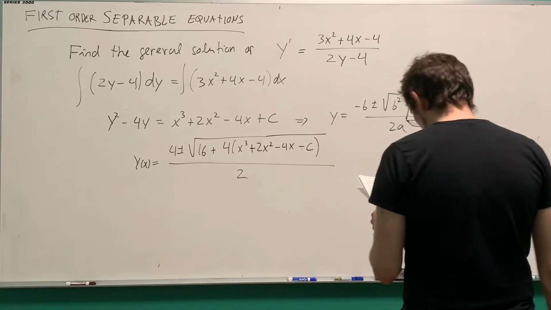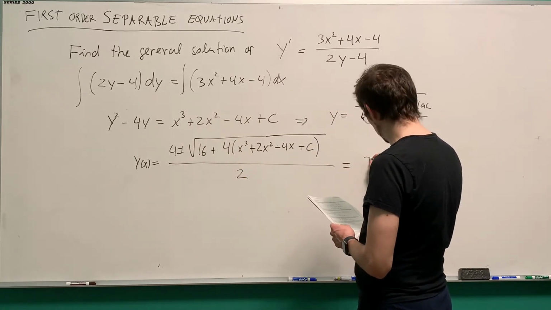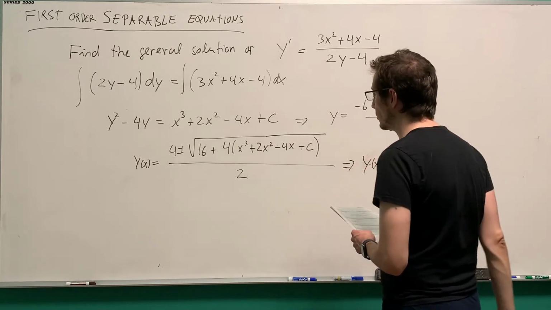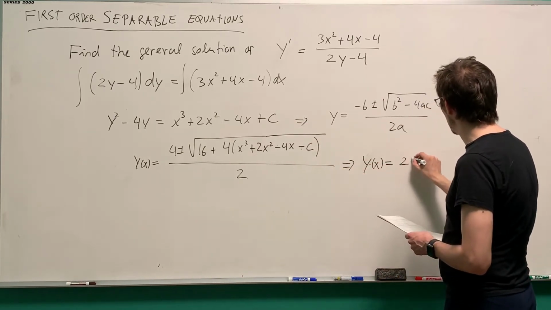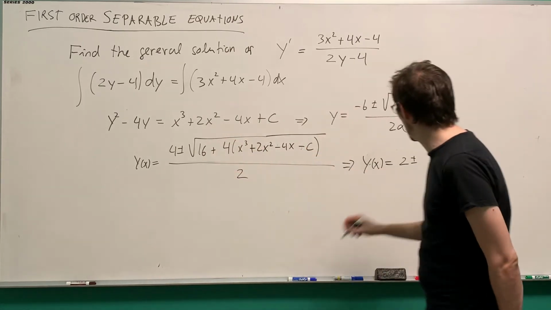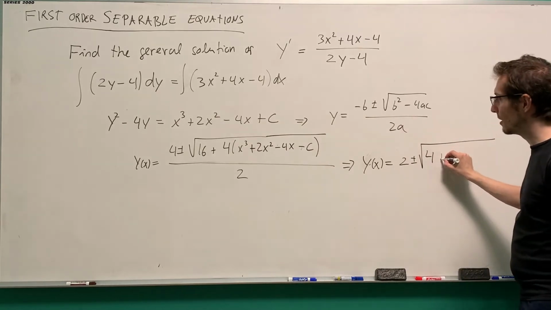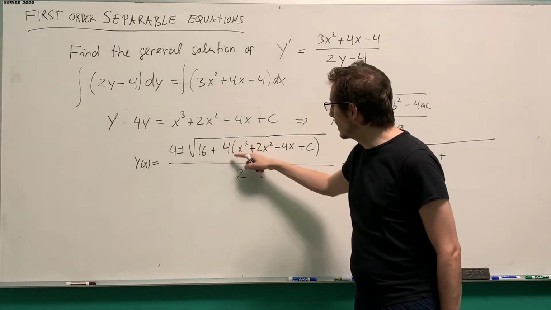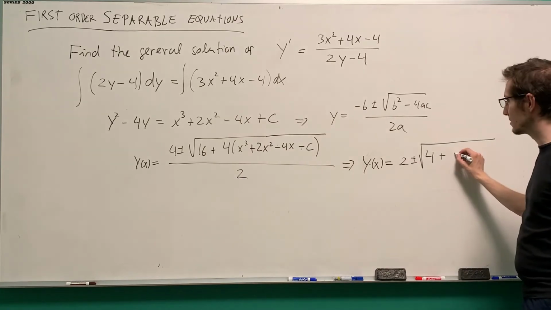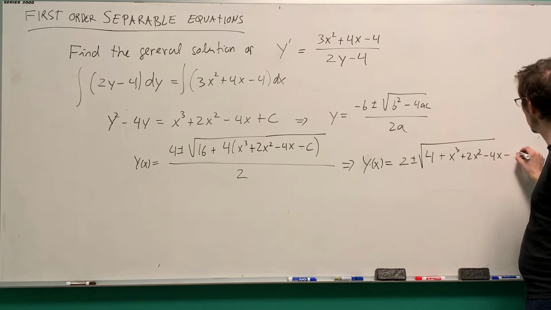Divided by 2, so we can simplify it because 4 divided by 2 is 2, so let's just write y of x equals, because that's going to be the solution. 4 divided by 2 is 2 plus or minus, inside the square root it enters like a square, so 16 divided by 4 is 4, so the square root of 4, then plus 4 divided by 4, which is 1, so this is plus x cubed plus 2x squared minus 4x minus c.